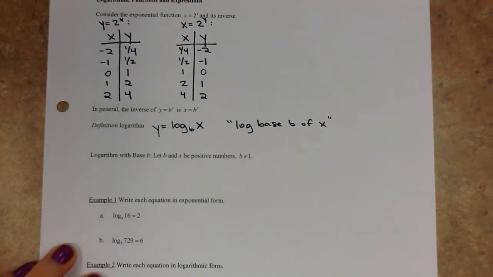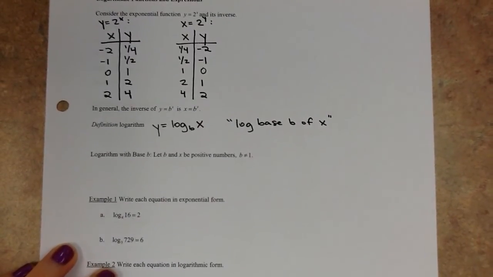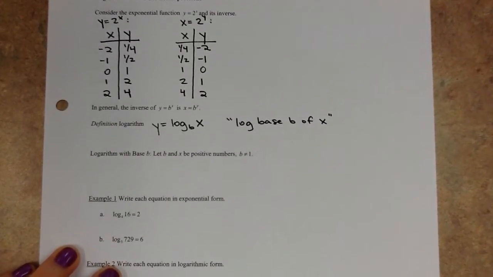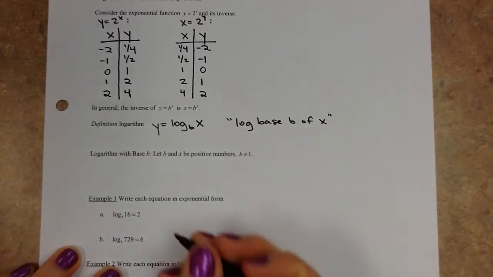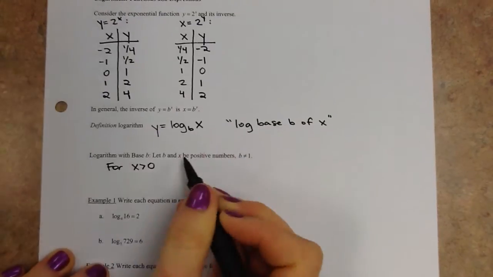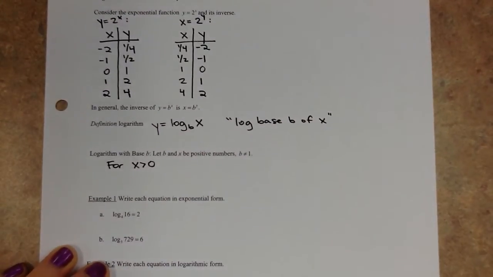So let's take a look at how we relate this function to this function. Let b and x be positive numbers with b not equal to 1. If we're looking for the logarithm of x with base b, it's denoted like this, log base b of x. And here's how we start off. It says for x greater than 0, which we've already said here, x is going to be a positive number.